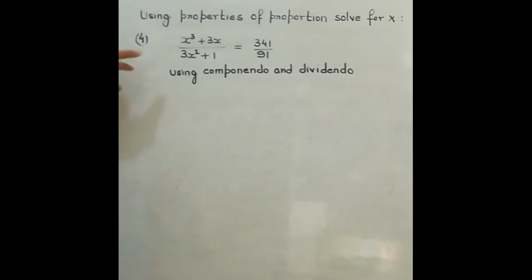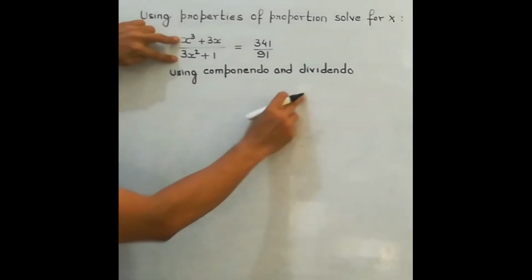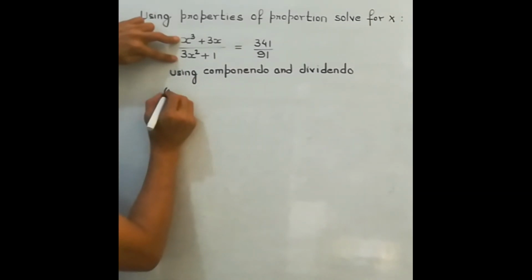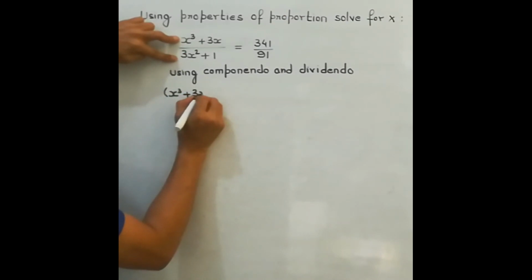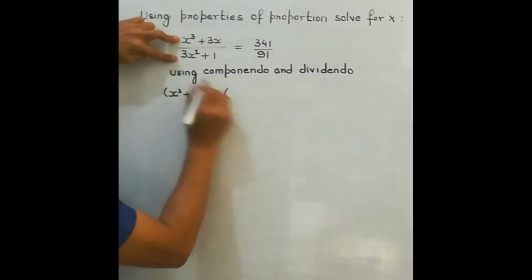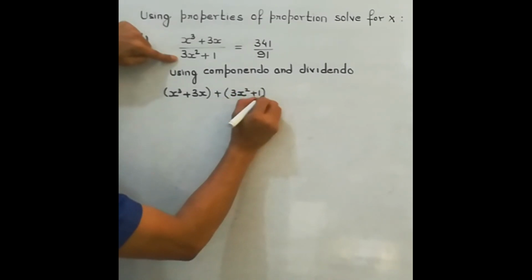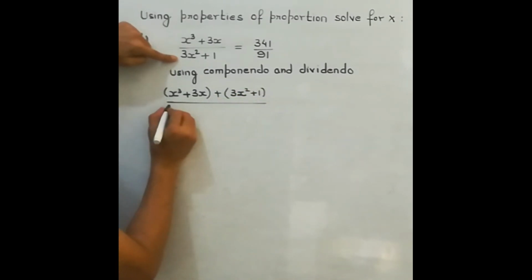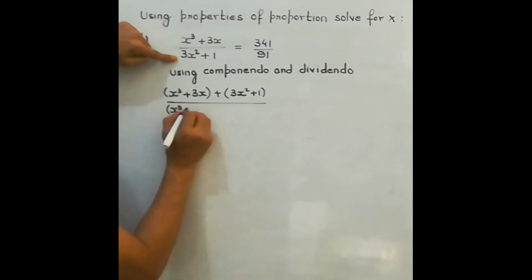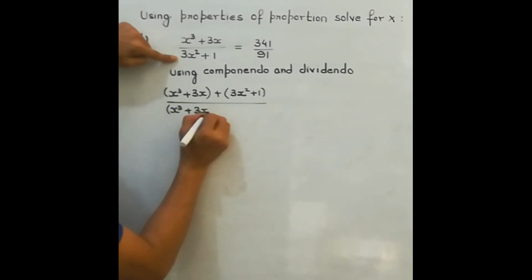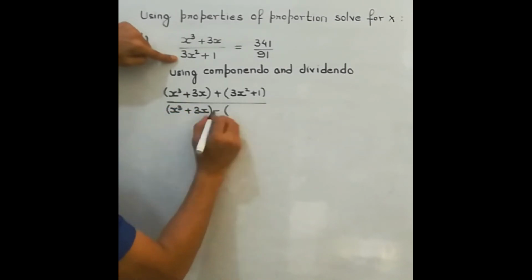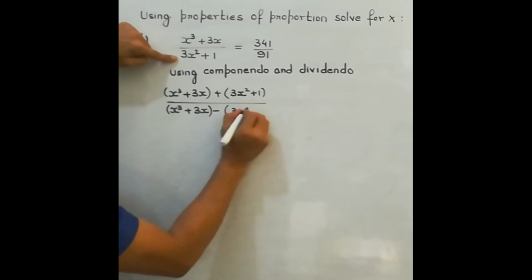So on my left side, this is numerator and this is denominator. And when we apply componendo and dividendo, how do we write it? We write it like this: numerator plus denominator upon numerator minus denominator.